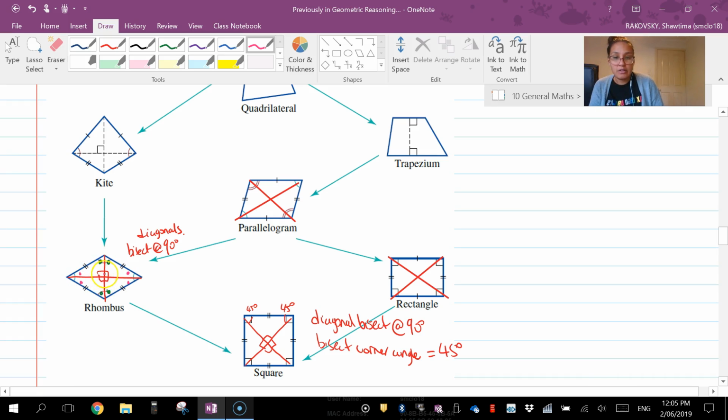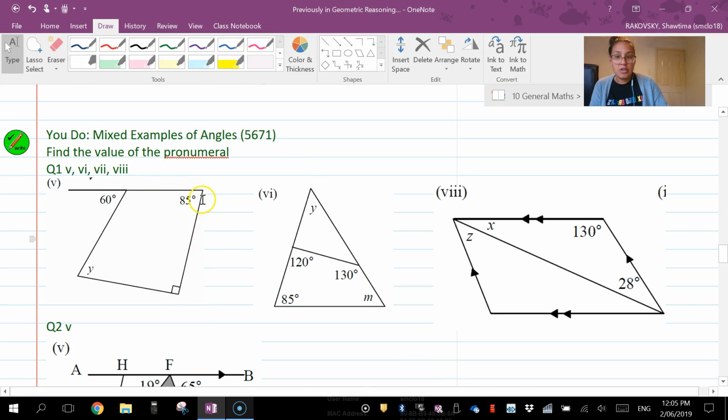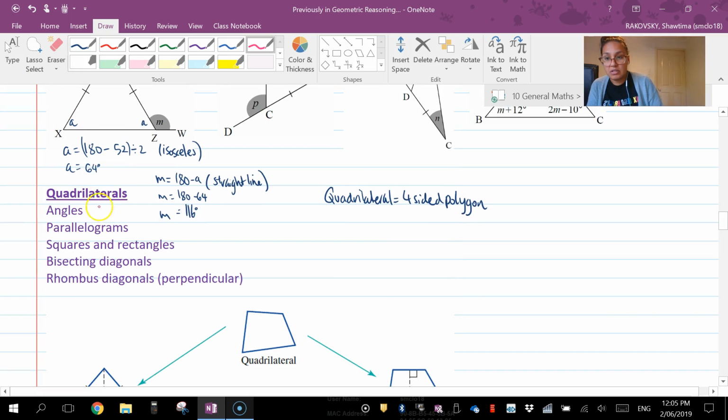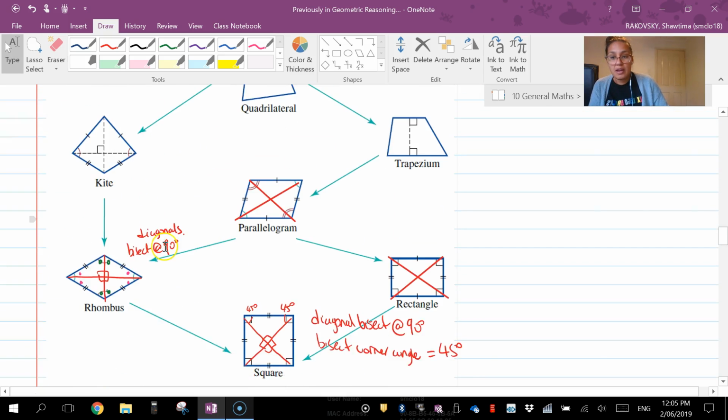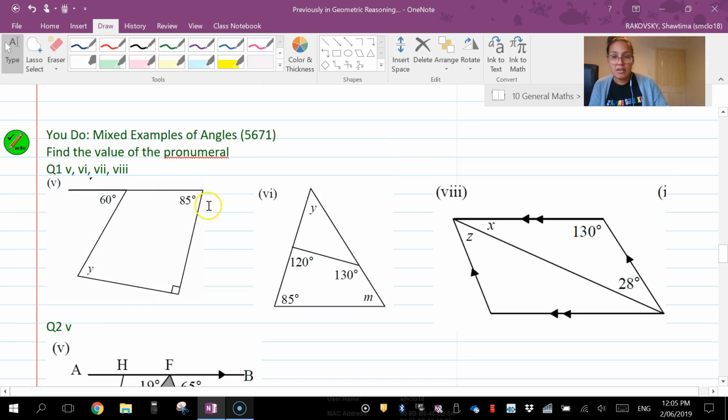So that helps with your geometric reasoning and deductive geometry. So using that, you know that there is 360 degrees in the angles when you add up the sum of the angles in your quadrilateral. So using that here, we know that this is an exterior angle.